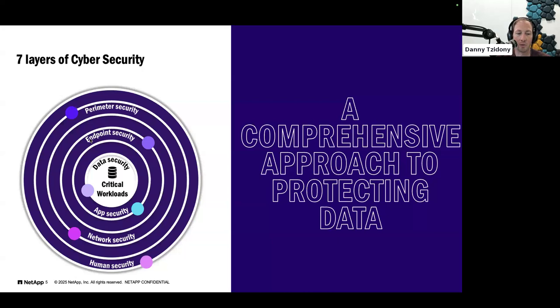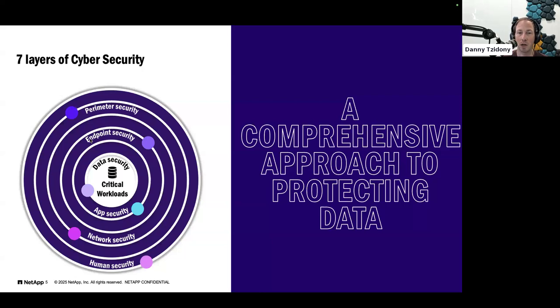And another one is, of course, our endpoint security, endpoint being our workstation, our laptop, even in today's world, our mobile phone also must be protected, have protection tools there that, as we all know, always tend to pop out at the wrong time. But they are very important to keep our endpoint secure from threats that might try to exploit it. Another one, of course, is our app security.